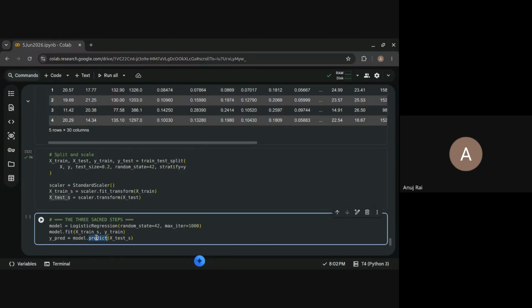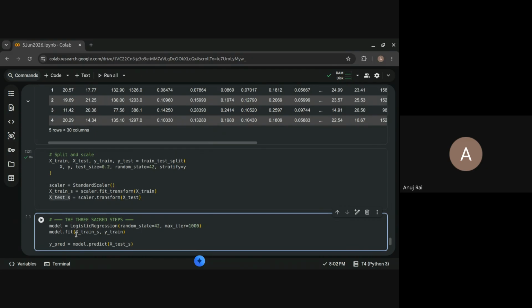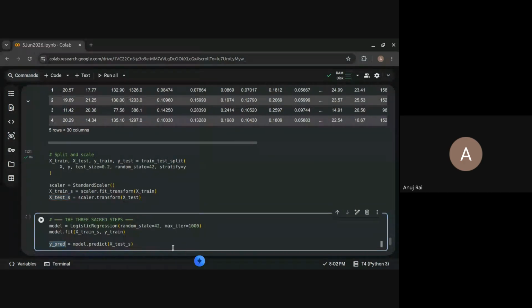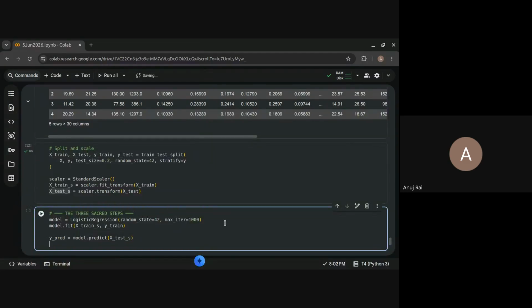After the fitting, which is done for classification purposes, in the same way we call predict on the test sample. So we create train and test, and then we predict against it.